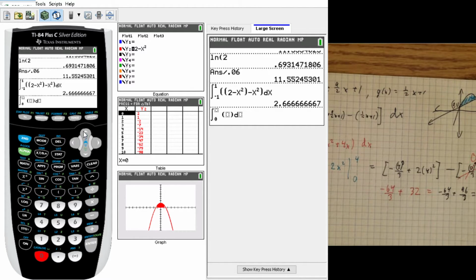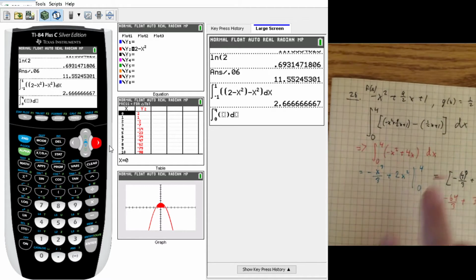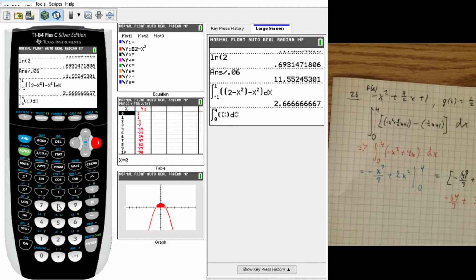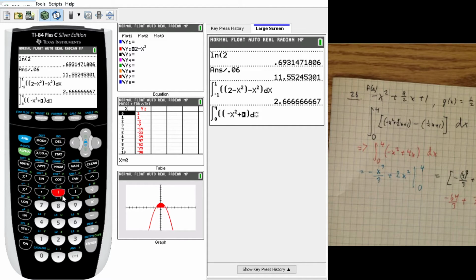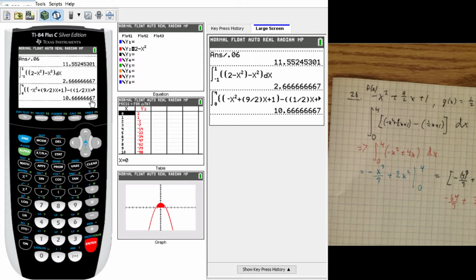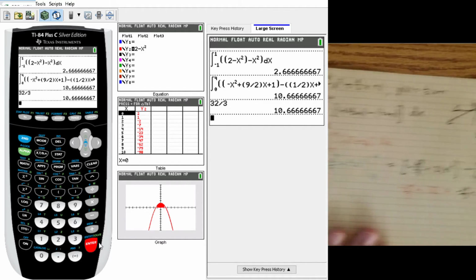So I go from 0 to 4 of, and my equation was, in parentheses, negative x squared plus 9 over 2 x plus 1 minus 1 over 2 x plus 1 dx, which gives me 10.6 repeating, which is the same as 32 over 3. So there we have it. Okay, it worked.